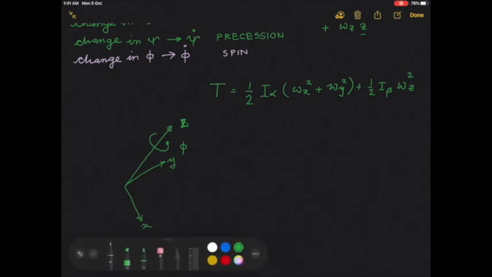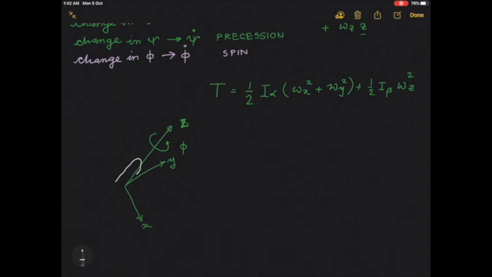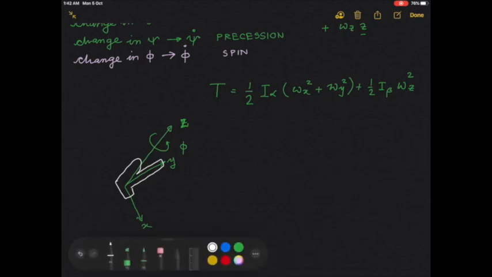And for the sake of understanding, let me draw the body like the following. So x is smallest, y is the largest, and z is the third largest. In the z direction, the extension of the body is third largest.